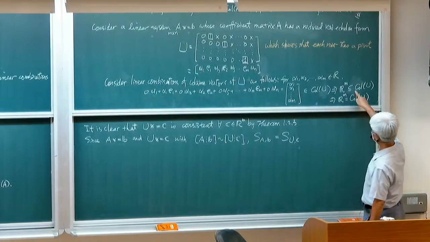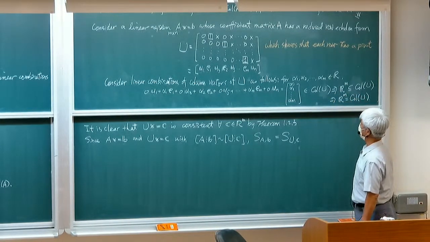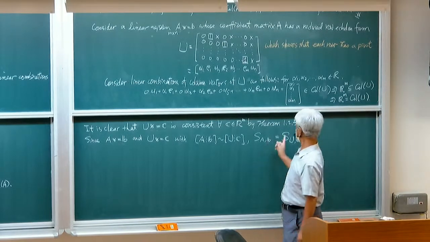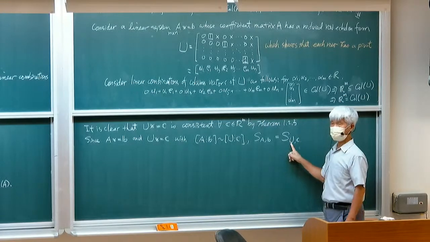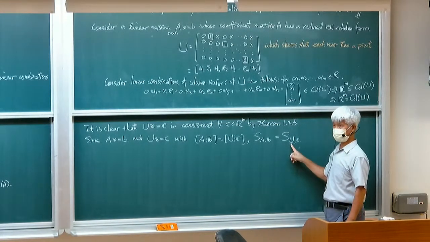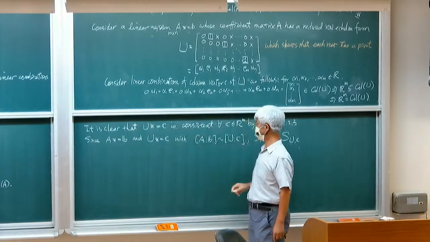And in here, we just know that the solution set contains at least one vector, right? It has at least one solution because it is consistent.